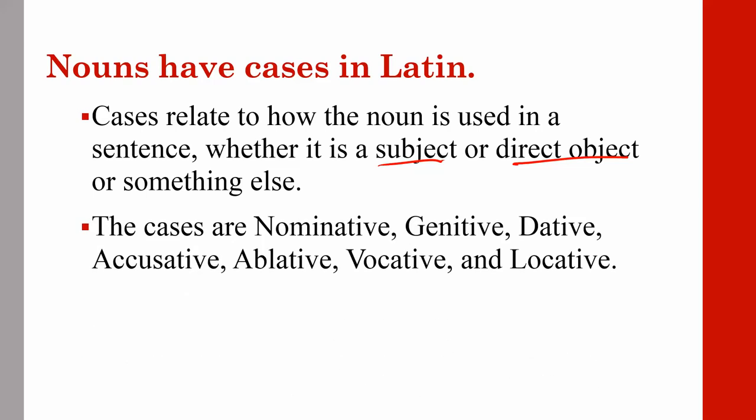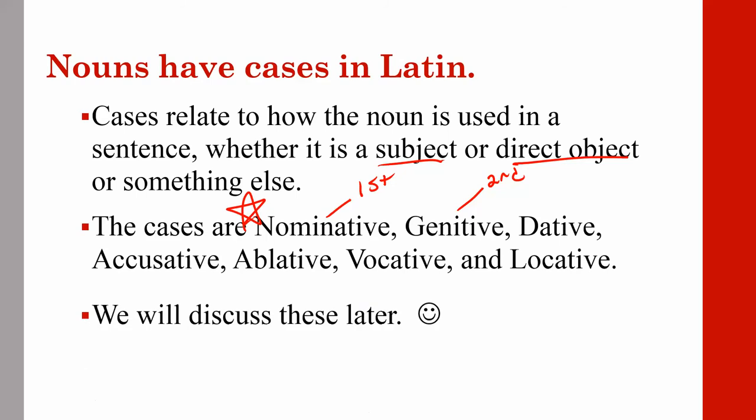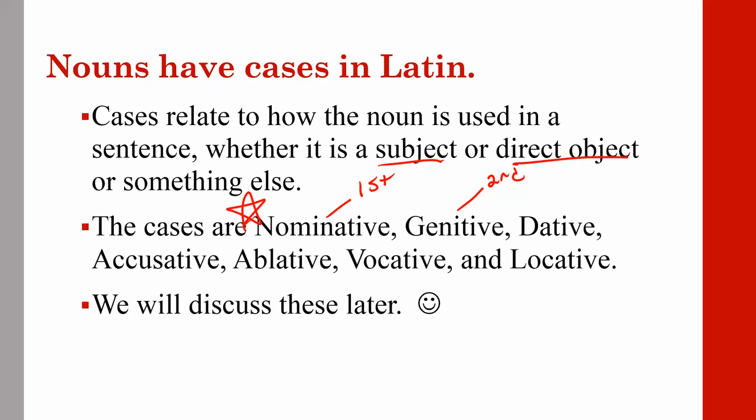The cases themselves are nominative, genitive, dative, accusative, ablative, vocative, and locative. Fancy, right? Well, the nominative is the first word in the dictionary entry. The genitive is the second word in the dictionary entry. So these 2 are going to be important for us to look at in this lesson. We're going to discuss the others later.